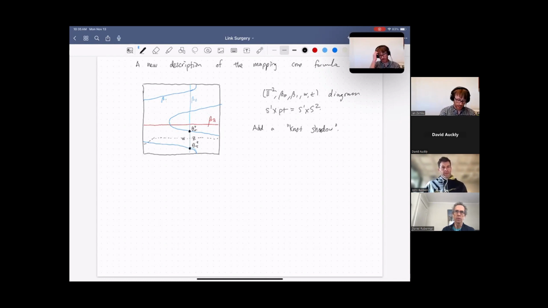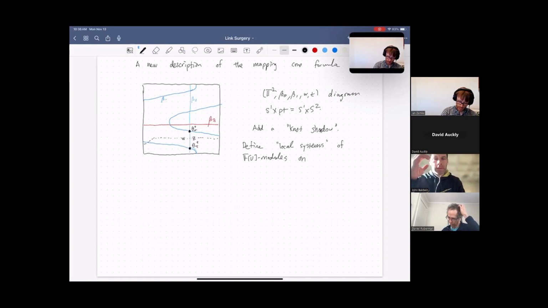Now we're going to define what are called local systems. I'm going to define local systems of F adjoin U modules on beta 0 and beta 1.